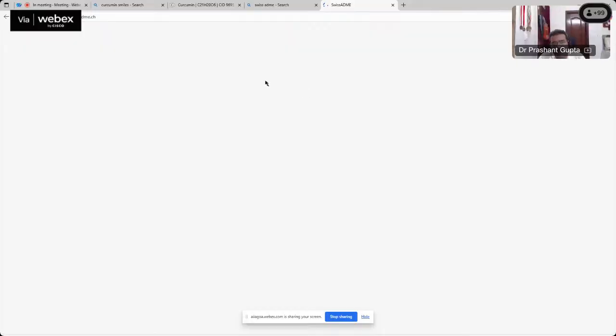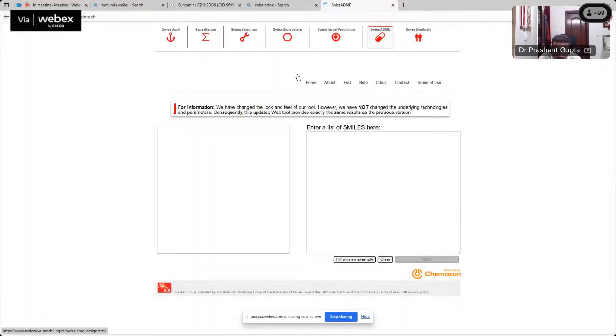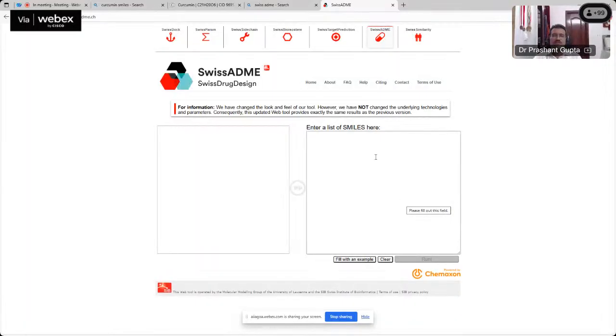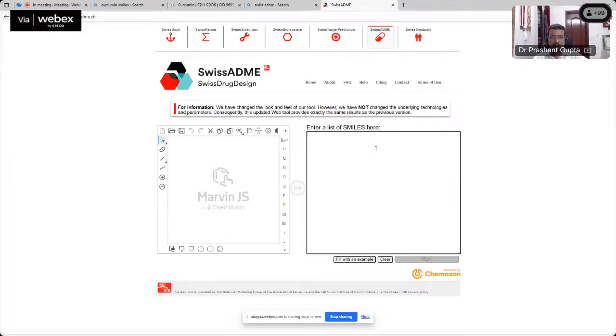I had copied the SMILES of curcumin from PubChem. SwissADME would take some time because it usually has a heavy load. You just have to paste this SMILES with Control V and simply run.